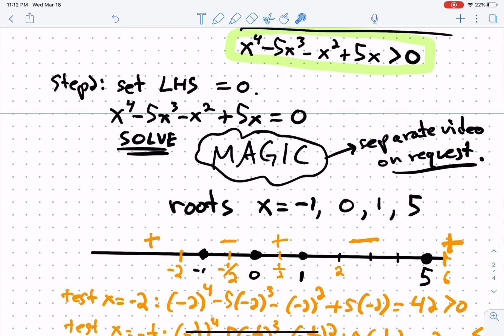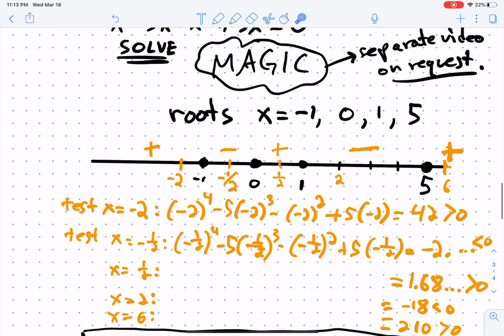If so, we mark that interval positive, or if negative, we mark that interval negative. And that builds what we call this sign chart. What the sign chart does is it tells us all the places the function is positive, and then 0, and then negative, and then 0, and then positive, and then 0, and then negative, and then 0, and then positive. And if we were to try to draw a sketch of the function, it would look something like this. Positive, negative, positive, negative, positive, like that.